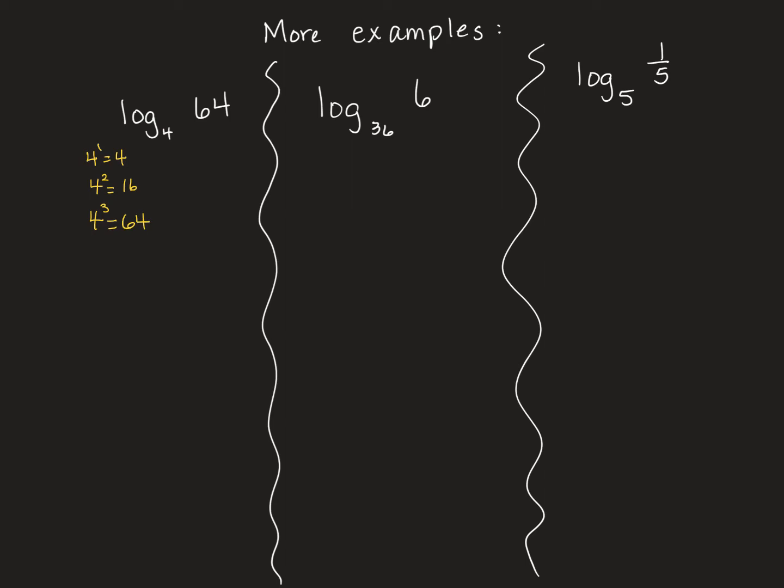So I can rewrite my logarithm as log base 4 of 4 to the third power. Again, my answer is my exponent. So this equals 3. Maybe that one looks a little better for you, okay?